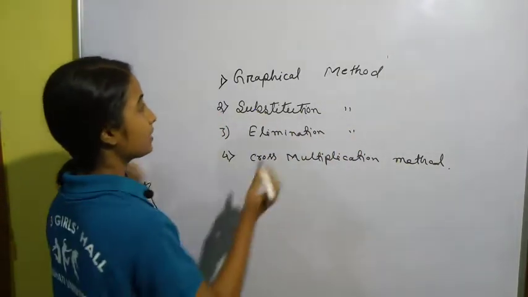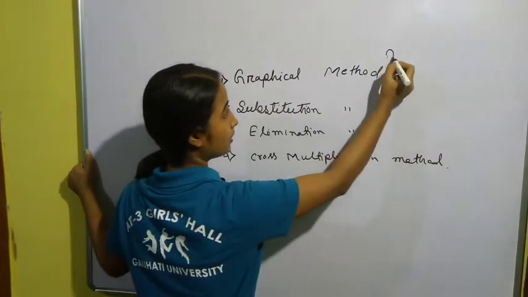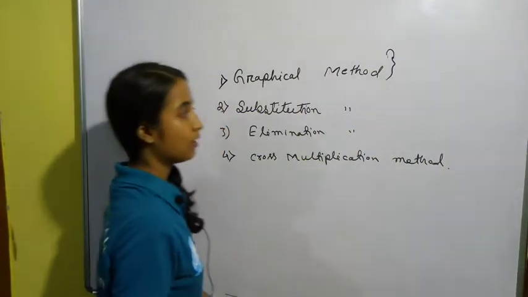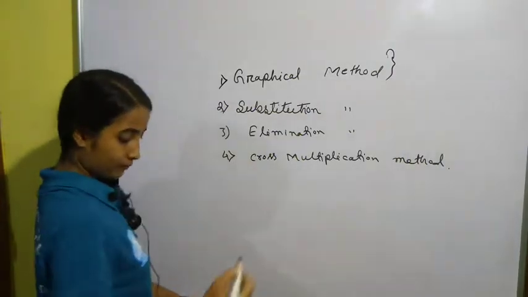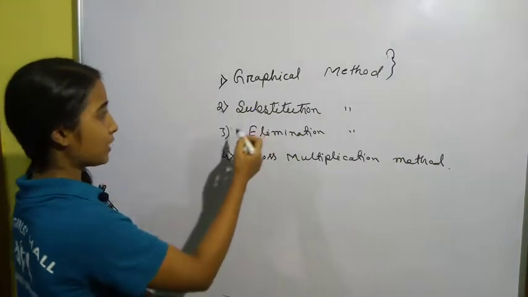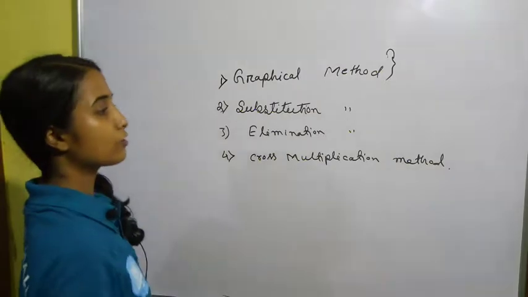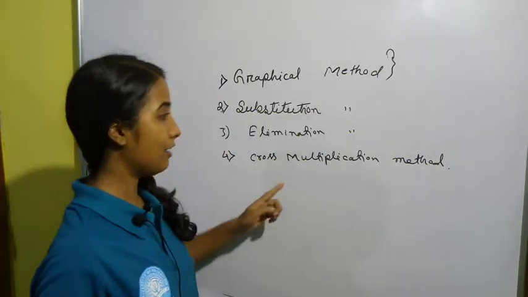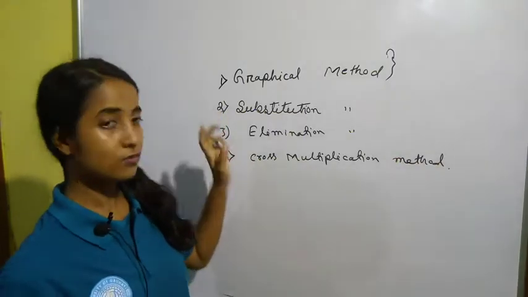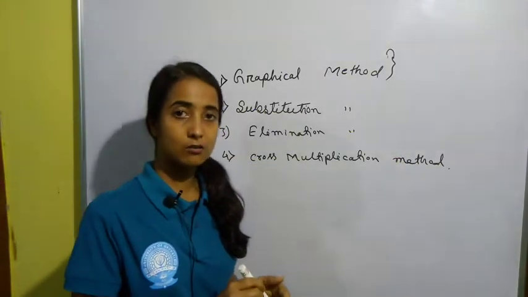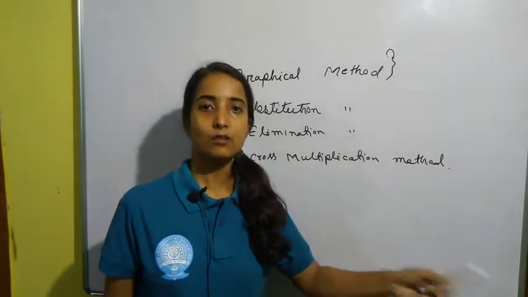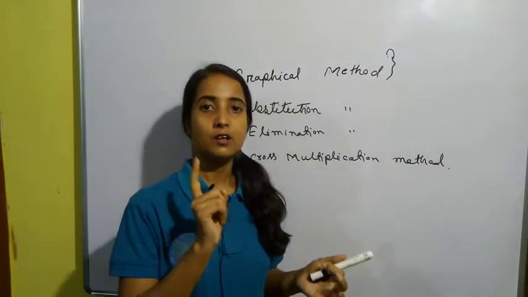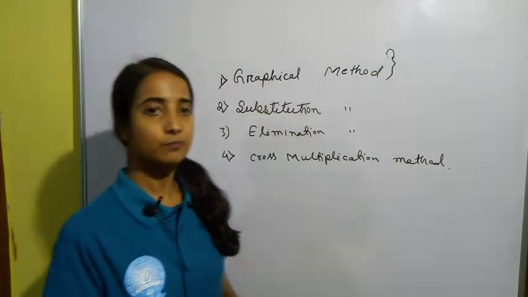Now see, in the graphical method we use a graph to solve a pair of linear equations, but in these methods, substitution, elimination, and cross multiplication, there is no use of a graph, but we can solve the pair of linear equations by calculation only. That means plus, minus, multiplication, and division.